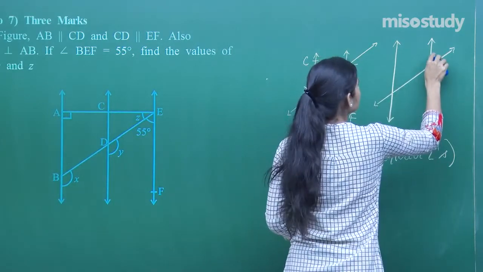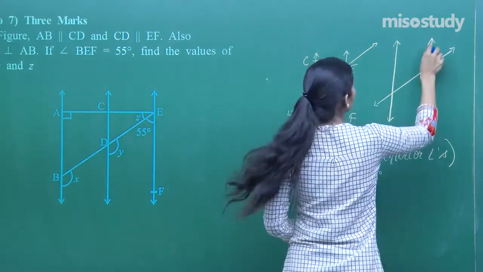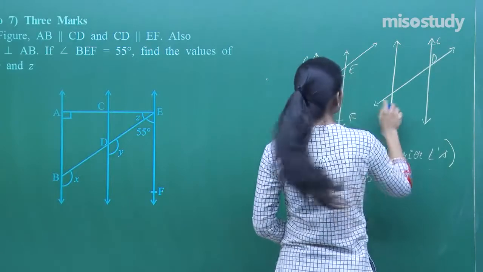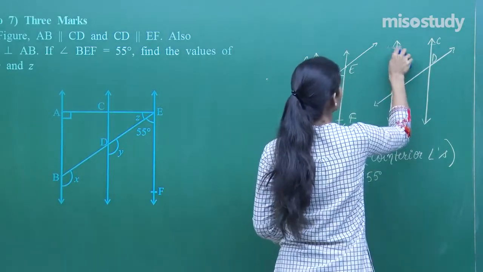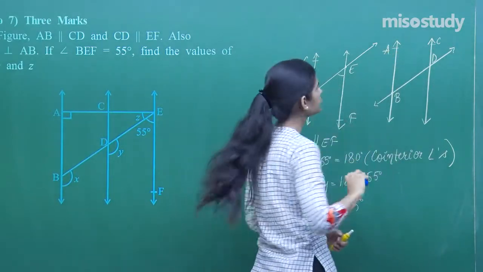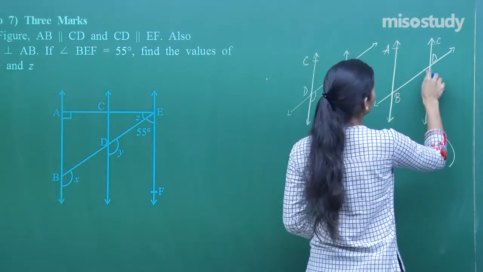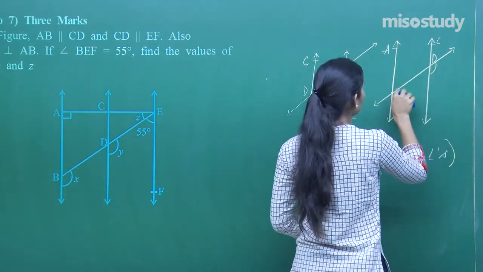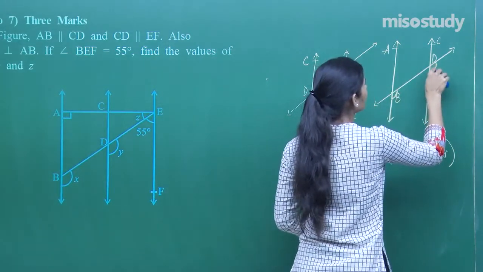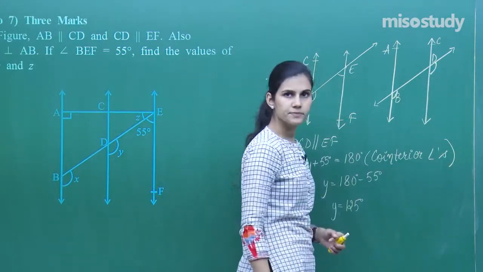In here, say this point is D, somewhere here is C, and here it is B, somewhere here is A. Clear? You know that this angle and this angle are corresponding angles.